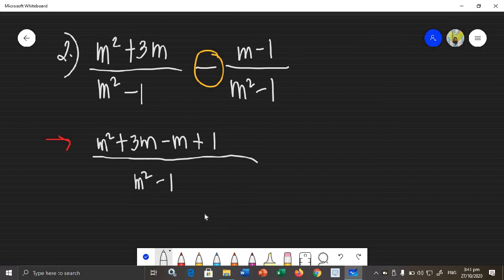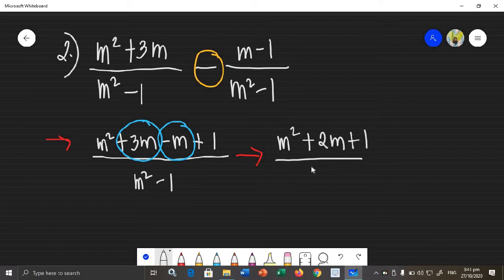Right after we write the given over a single denominator, we combine similar terms in the numerator. In this case, we can combine 3m and negative m. That leads to m² + 2m + 1 over m² − 1.